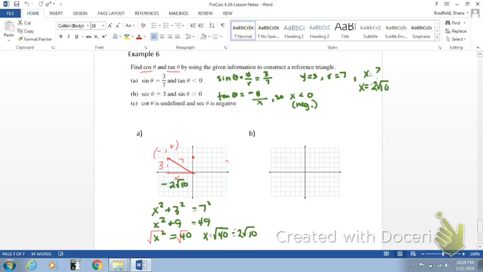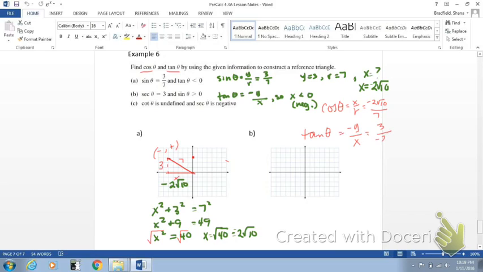Now I can find the cosine and tangent, because cosine of theta is x over r, and I have my x is negative 2 square root of 10, and the r is 7. And then I can do the same thing for tangent. Tangent is negative y over x. And so my y is 3.